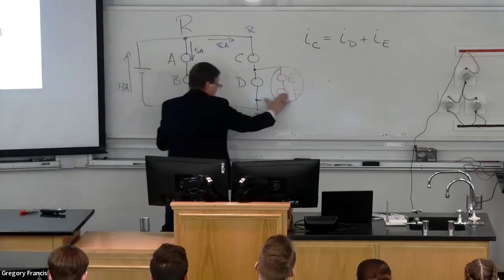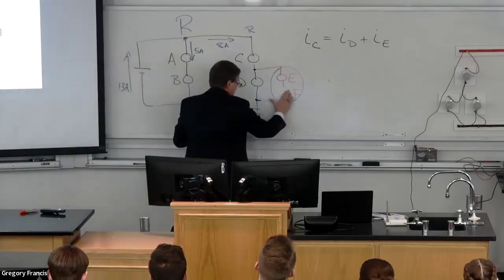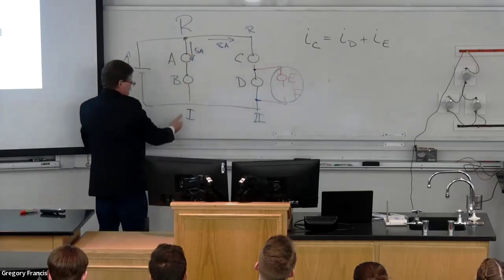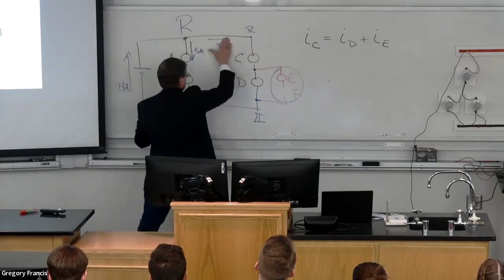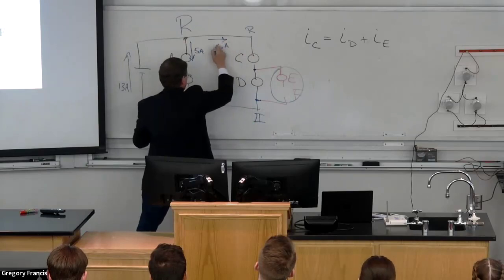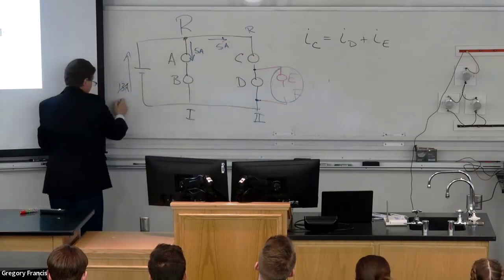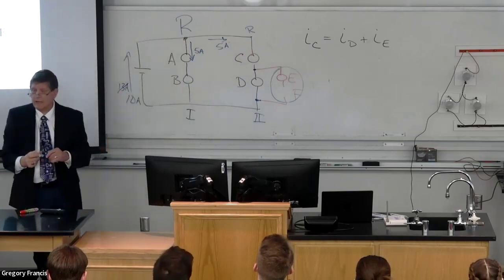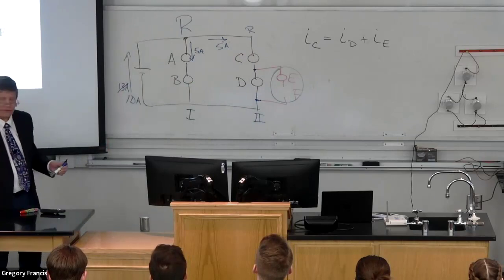Well, if I take this out and leave the empty socket behind, suddenly this branch looks exactly like that branch. If that branch got 5 amps, then now this one is only going to get 5 amps. And the current through the battery is going to go from 13 amps down to 10 amps. Okay, two things are happening at the same time.